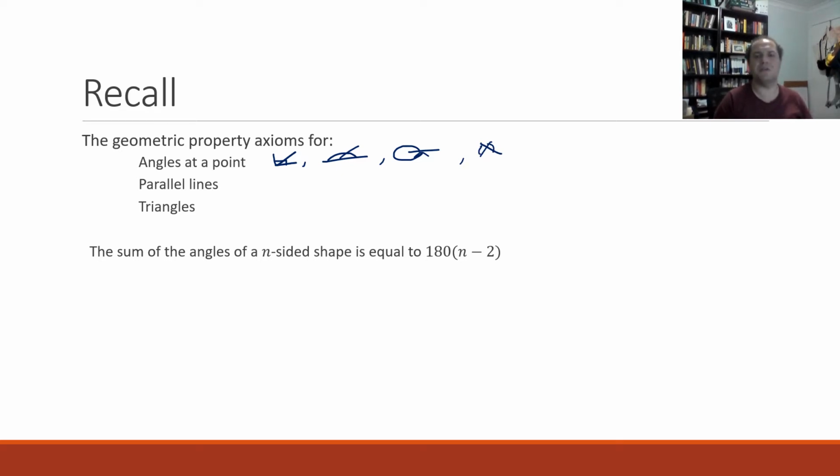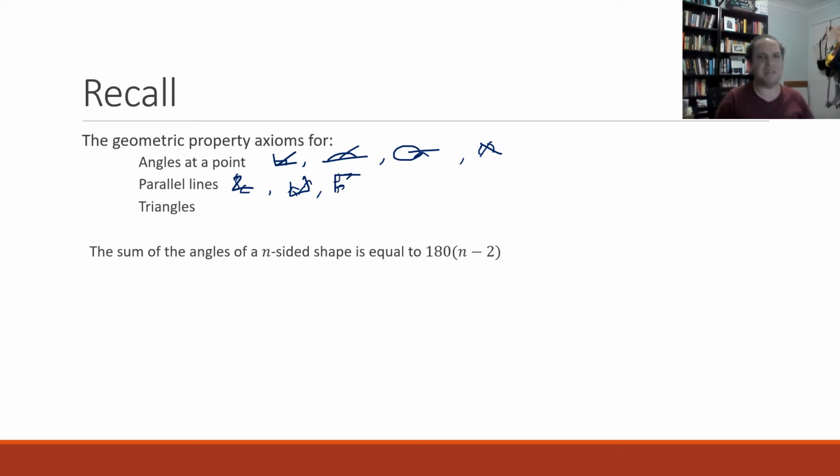Along with those, you'll need the ones for parallel lines: alternate angles are equal, co-interior angles add to 180 degrees, and corresponding angles are equal.